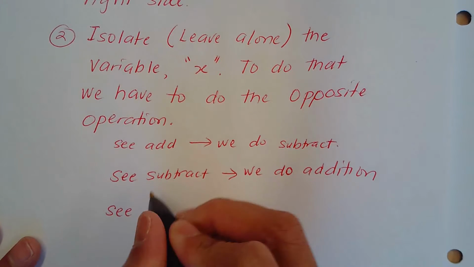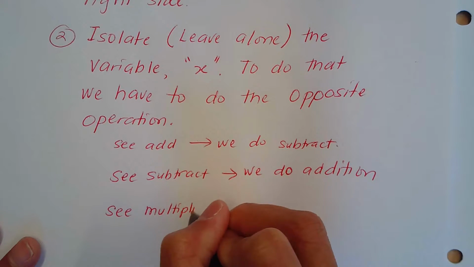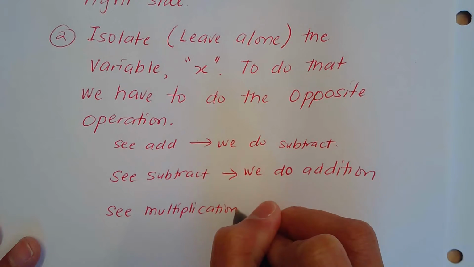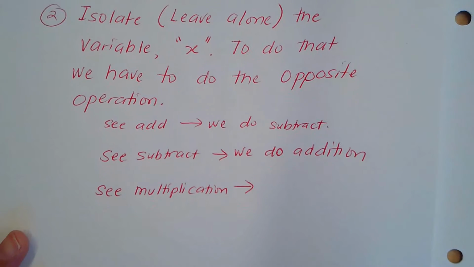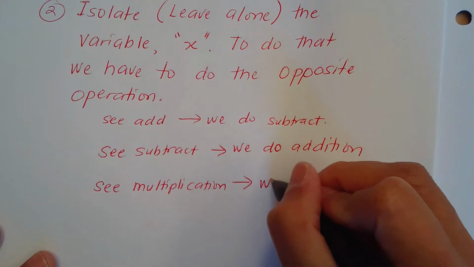If we see multiplication, what do we do? Divide. Opposite.